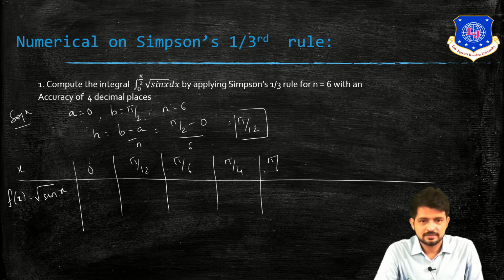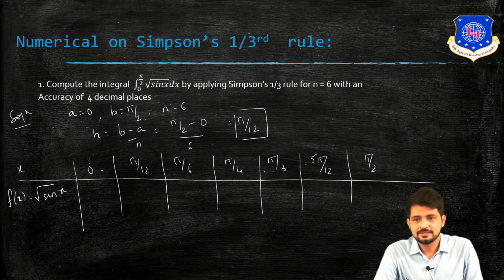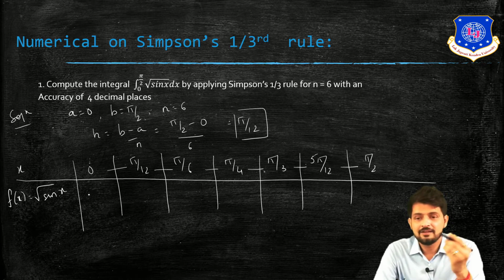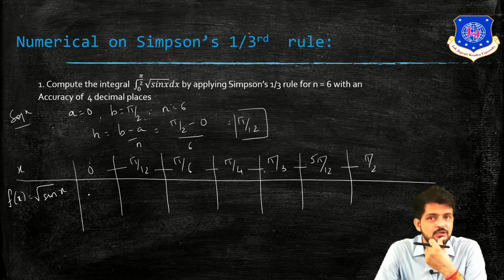Then pi by 4 plus pi by 12 is pi by 3. Then 5 pi by 12, and the last value will be pi by 2. So in this way you can count the total number of subintervals: 1, 2, 3, 4, 5 and 6. So the total number of subintervals are 6. Then we have to calculate all of these values. How we can calculate all of these values?